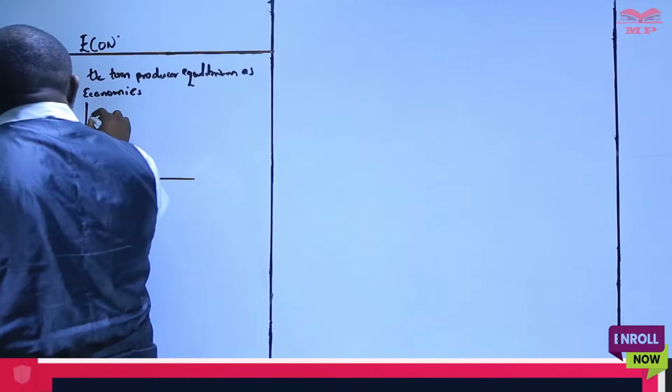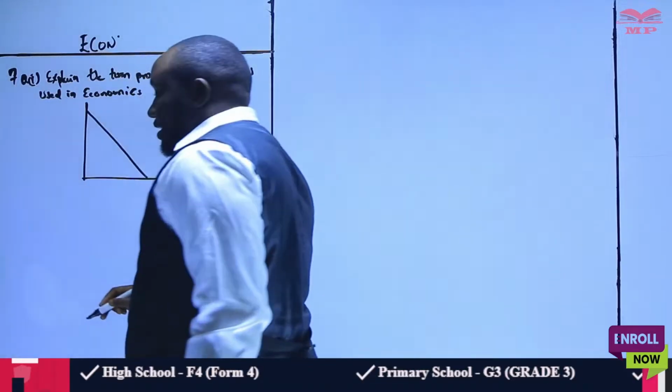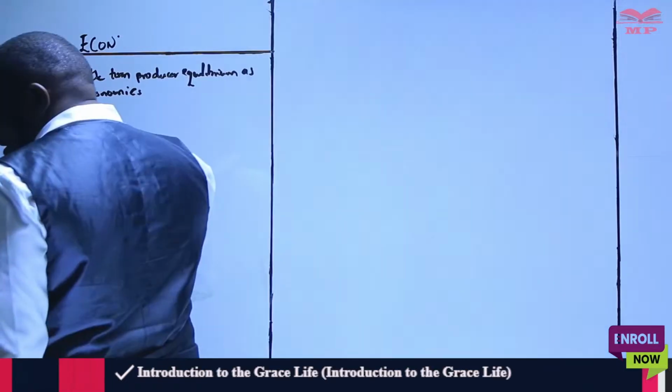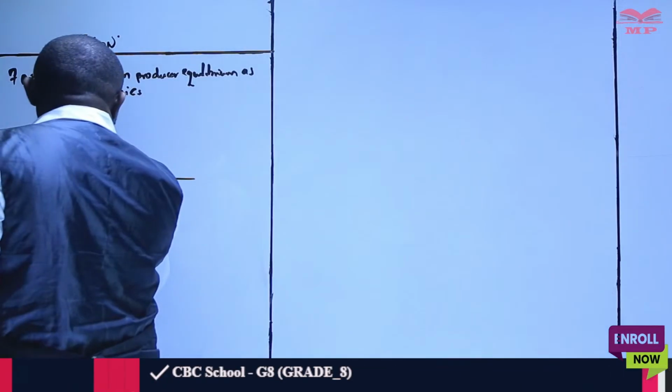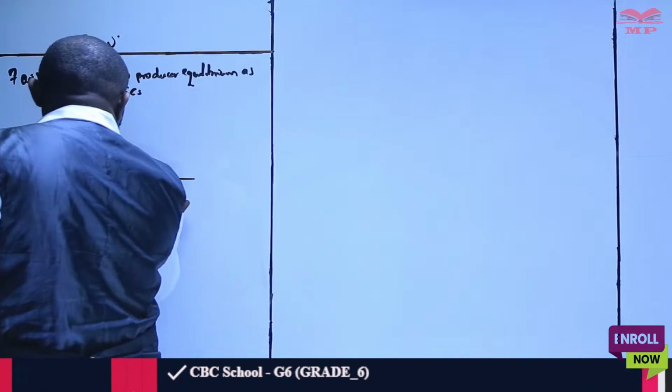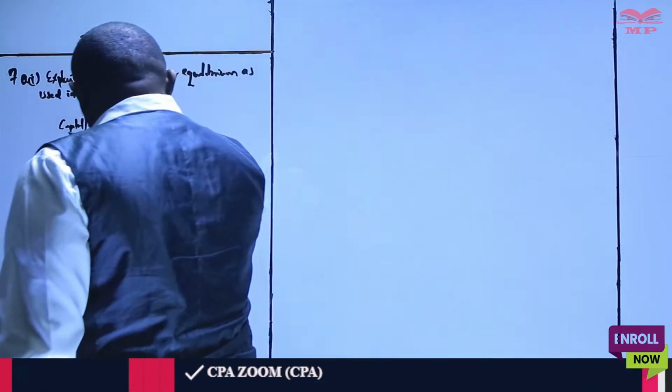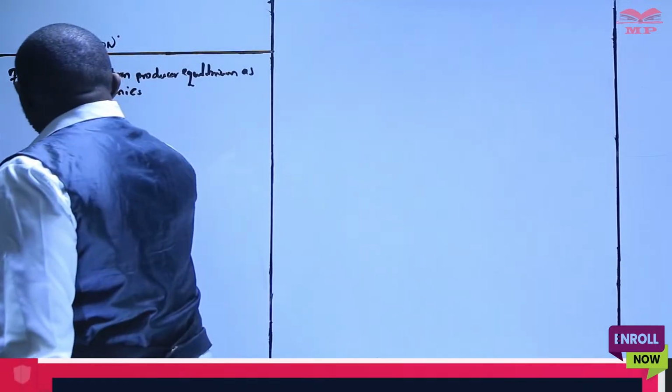This is an isocost. So we have capital and we have labor. AB is an isocost line.